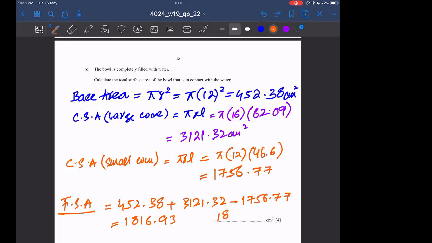You can just give the answer up to 3 significant figures. It is going to be 1820 centimeter square, rounded up to 3 significant figures. After the third significant figure, we have 6, so we add one to the 1. It becomes 2, and 6 is converted into 0 here.